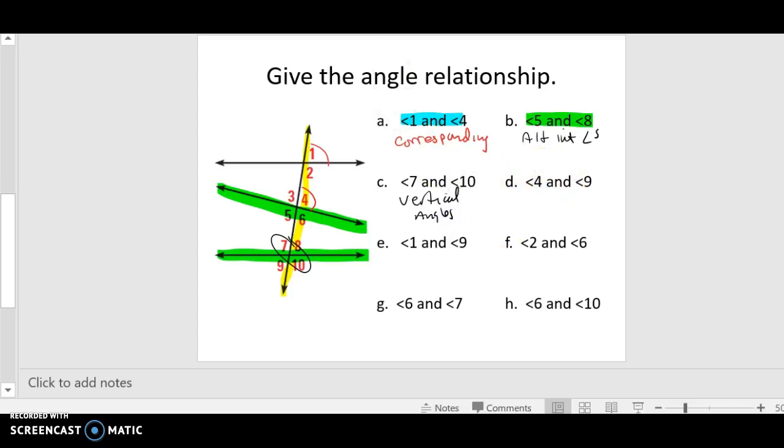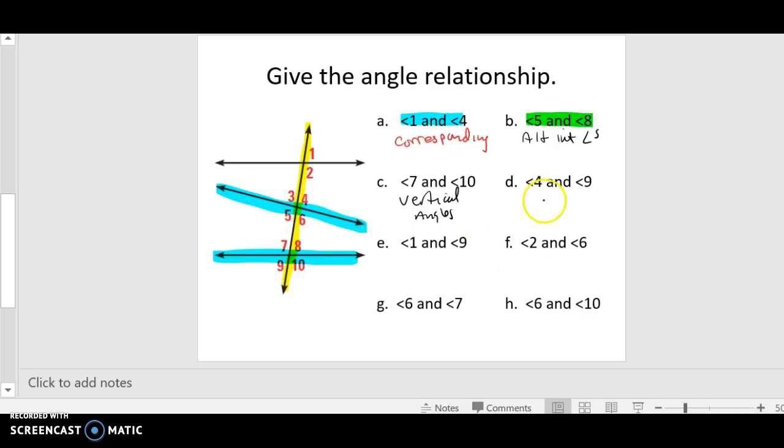Now, 4 and 9 here. When you look at 4 and 9, let me erase the colors that are on here. 4 and 9 uses this transversal still. And if I look, 4 touches this line, 9 touches this line. And 4 and 9 are on opposite sides of the transversal.